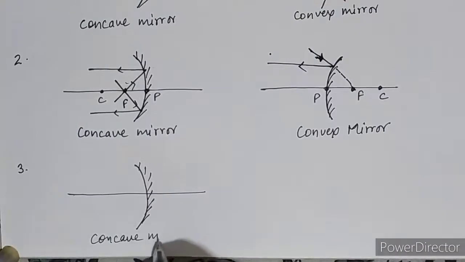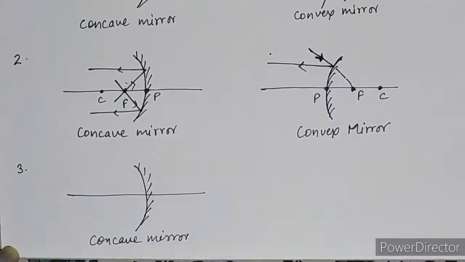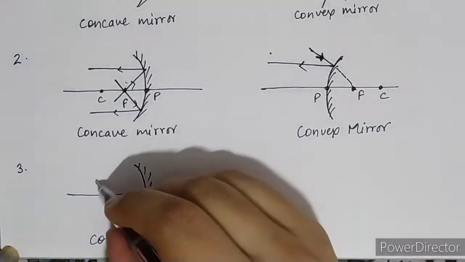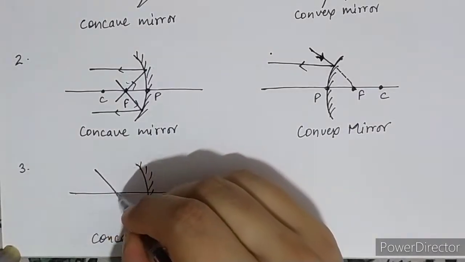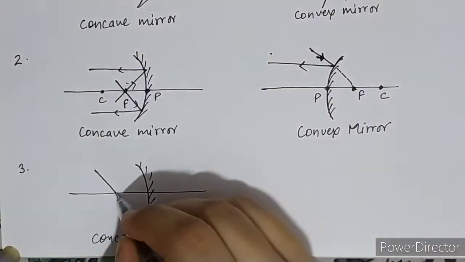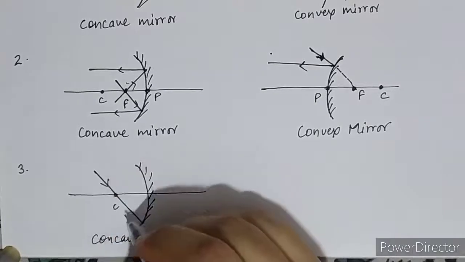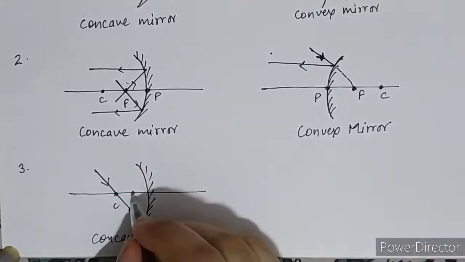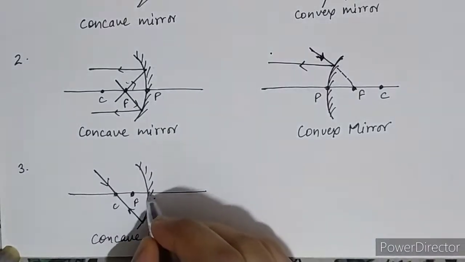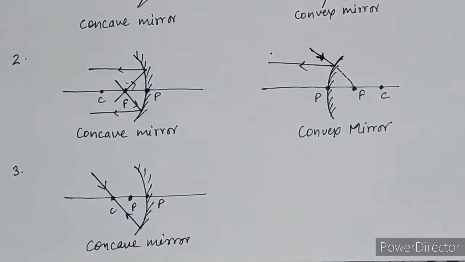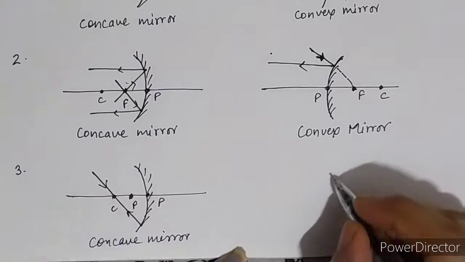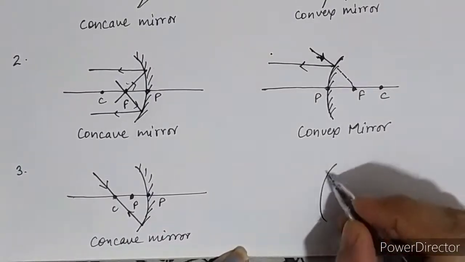When the light rays pass through the center of curvature, they return back on the same path after reflection. This is the focus and this one is the pole. Clear?